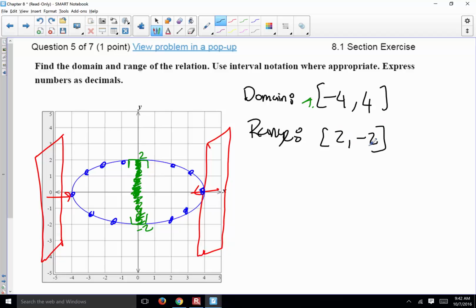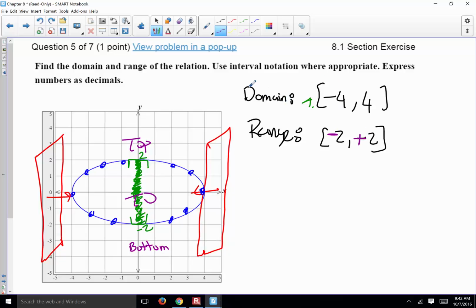Agree? You shouldn't be agreeing. What's wrong? Yes, when you're reading range, you read from bottom to top, which is -2 first, then +2.